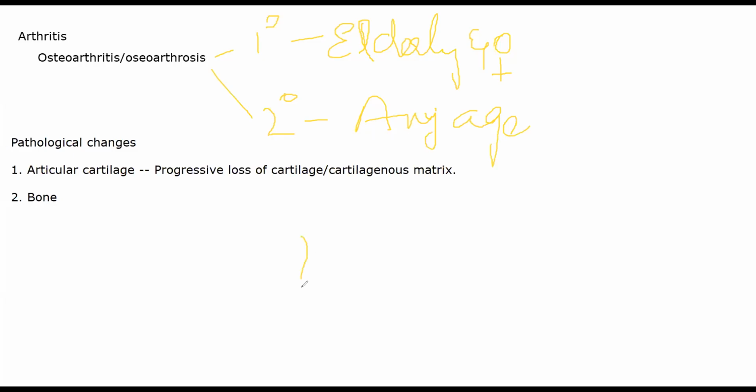Let's suppose this is one part of the bone, another part of the bone. You have synovium, and you have cartilage in between. I'll draw cartilage a little different. Let's suppose this is the cartilage, cartilaginous tissue here and cartilaginous tissue here.